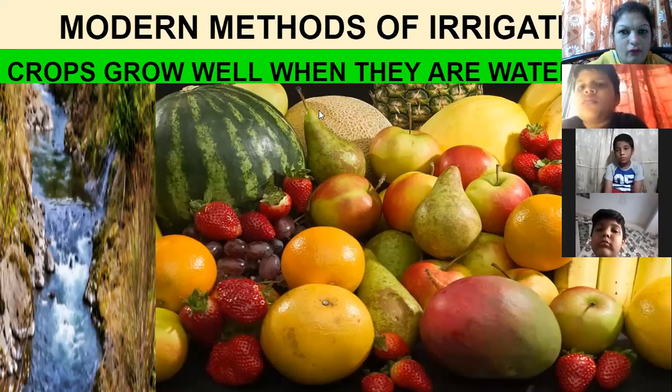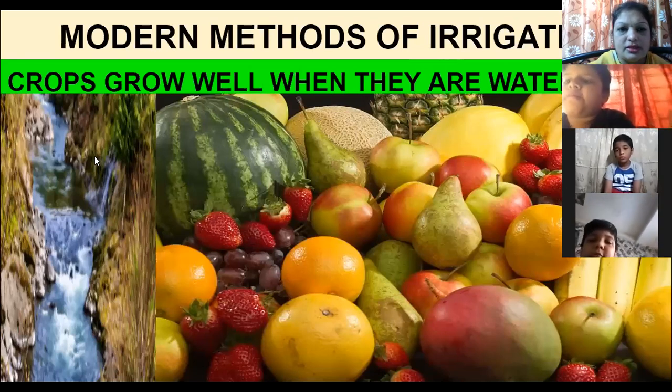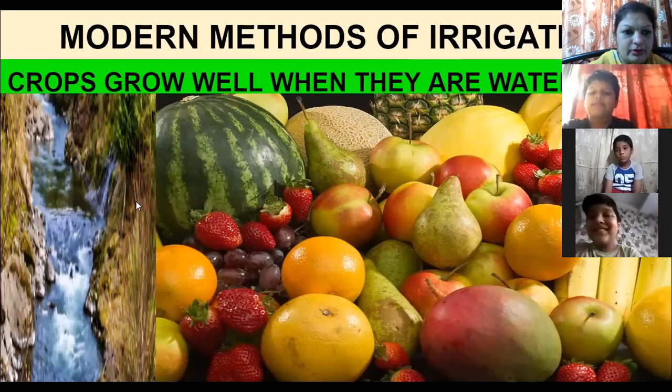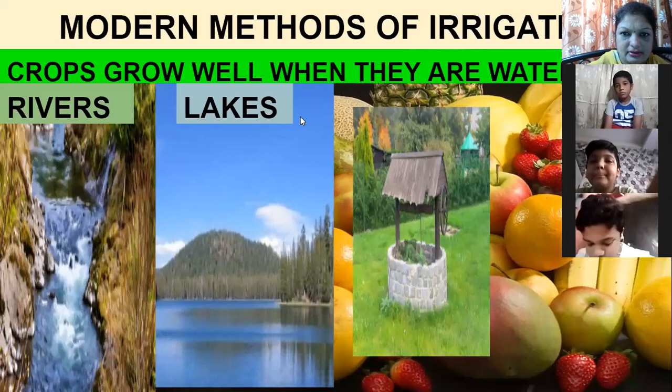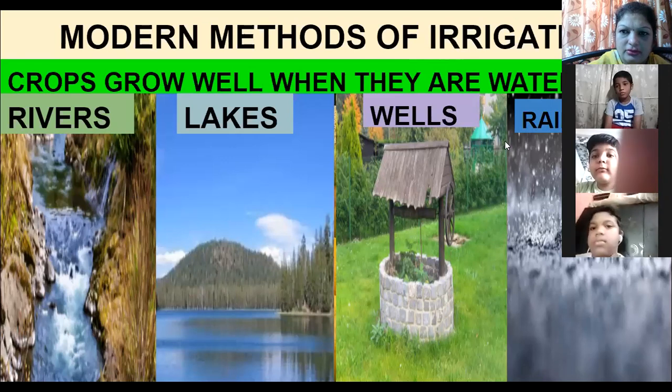So when they are watered, plants grow well. So from where are the crops getting water? From the rivers, from the lakes, from wells, and from the rain water.